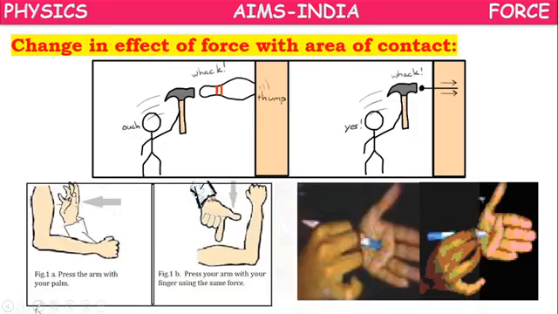So next. Change in the effect of force with area of contact. Suppose a person is trying to make a hole in the wall with the help of a hammer, and for that he has taken the help of a dumbbell shape.